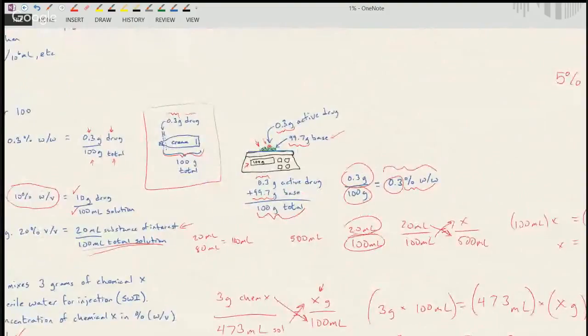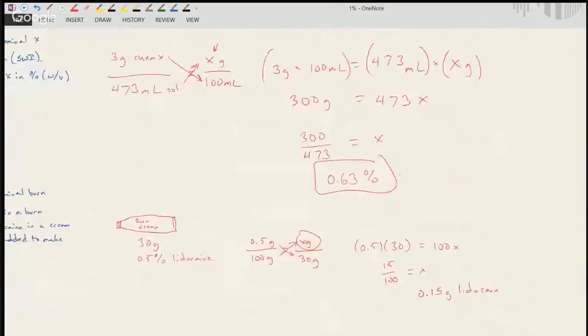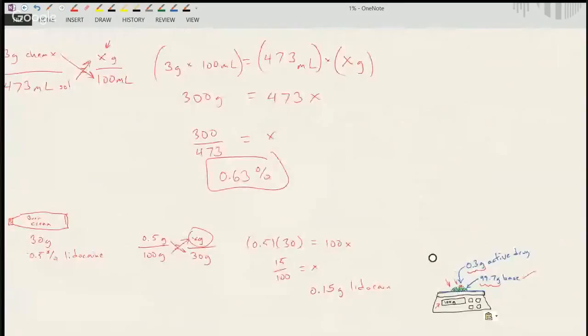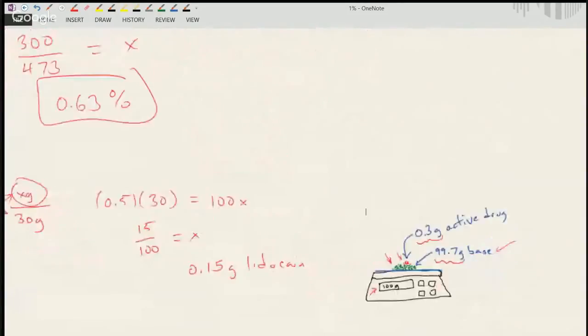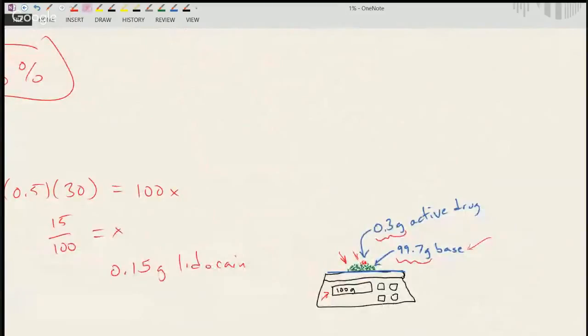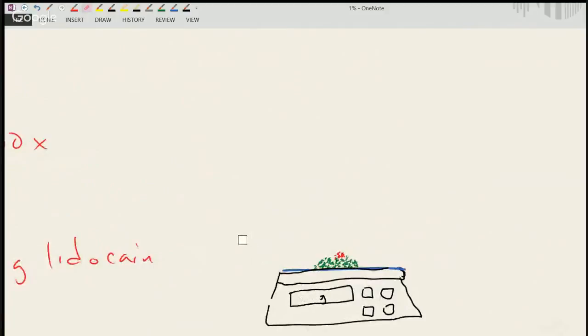Well, let's bring our scale back down. So we want our scale to read 30 grams.